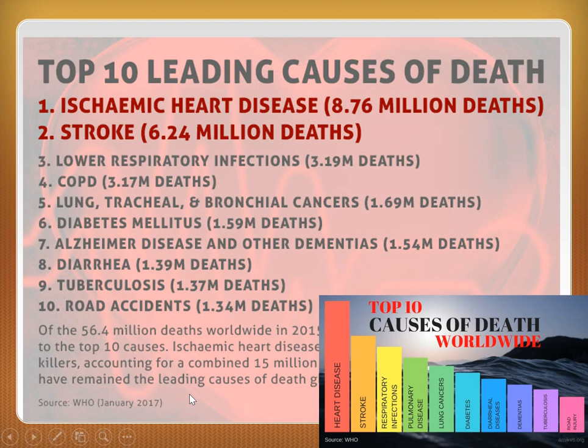In particular, the first three categories account for more than 50% of deaths among the top leading causes of death. In those three categories, heart disease, stroke, and respiratory disease would account for more than 30% of the deaths in the world.